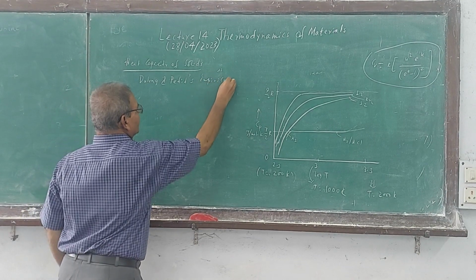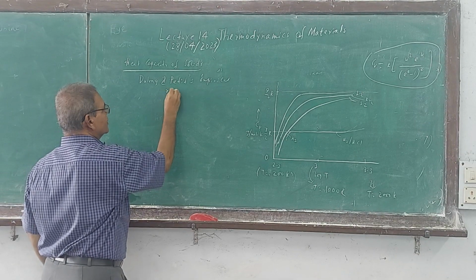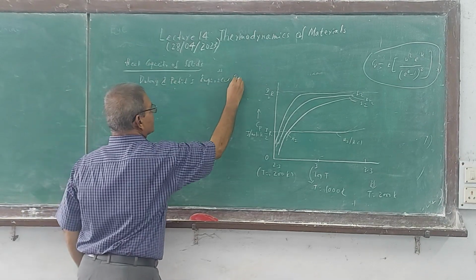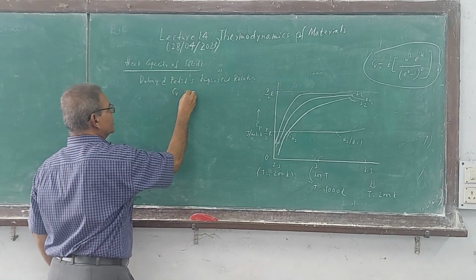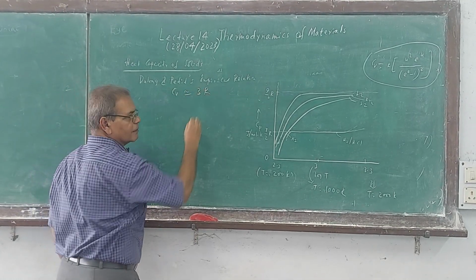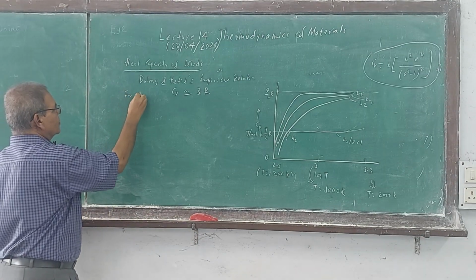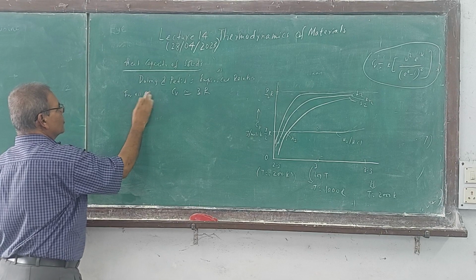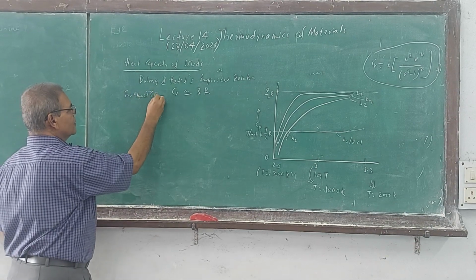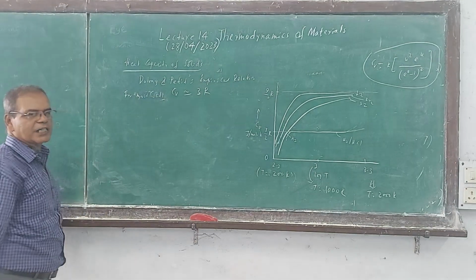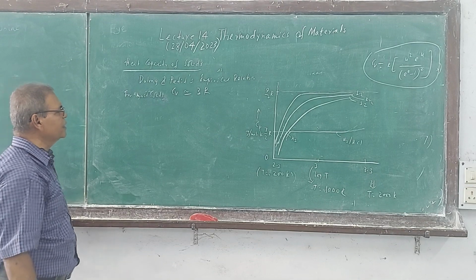The empirical relation is, you know, Cv is 3R for most solids. Remember, 3R. Solids I am discussing.